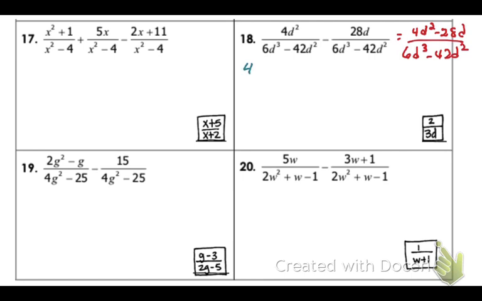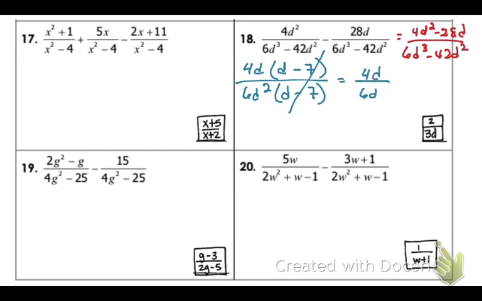I can factor out a 4, and I can factor out a d, so 4d. We're left with d minus 7. And then down here, I can factor out a 6d squared, which will give me d minus 7 again. These cancel out. I'm left with 4d over 6d squared.